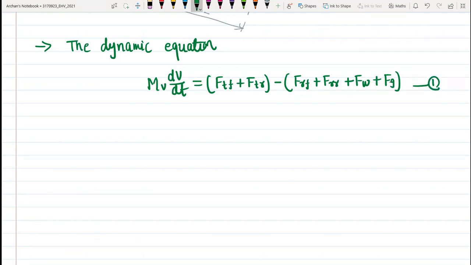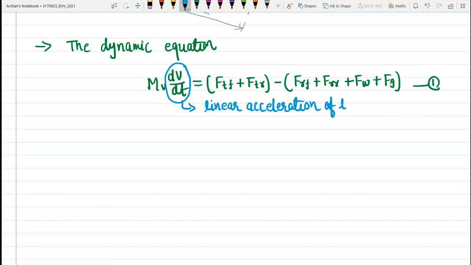So here, if you can see, dv/dt is nothing but the linear acceleration of the vehicle along the longitudinal direction. And mv, we know, is the vehicle mass.